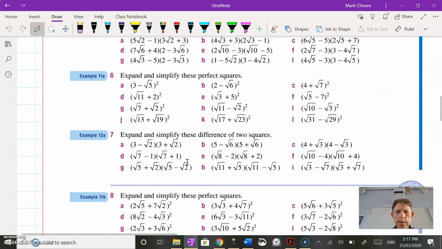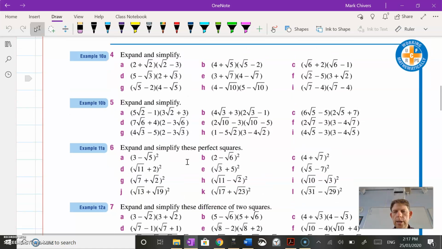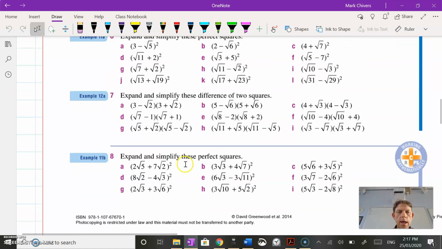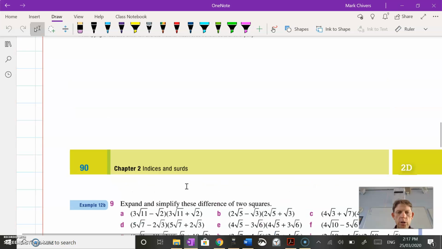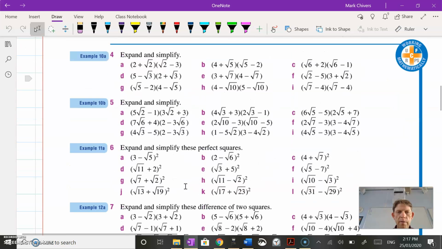But once again, this area here, 4 through 7, particularly with you guys being away from school, I really want you to get further through those. 4 through 7 is where you're going to be pulling up those base skills and getting used to those. Try to use those 2 shortcuts that are there, that are the perfect squares and the difference of 2 squares. Try to follow those shortcuts, but if you can't, that's okay. You can still use the claw and it will still work out for you. And that's all for this lesson.